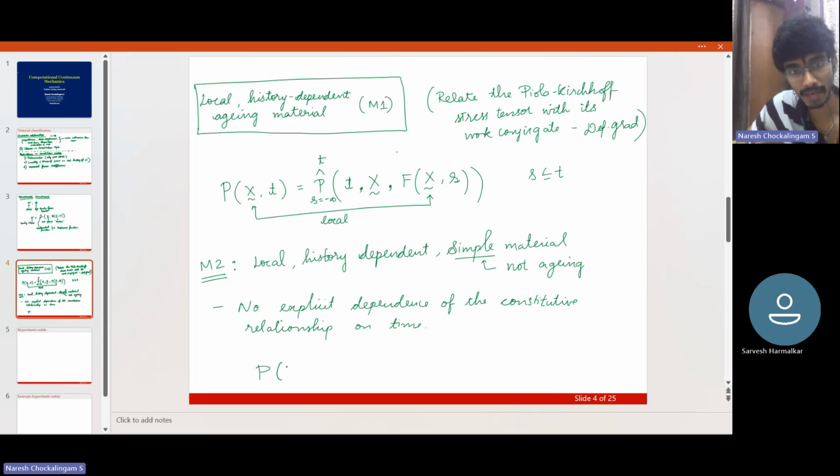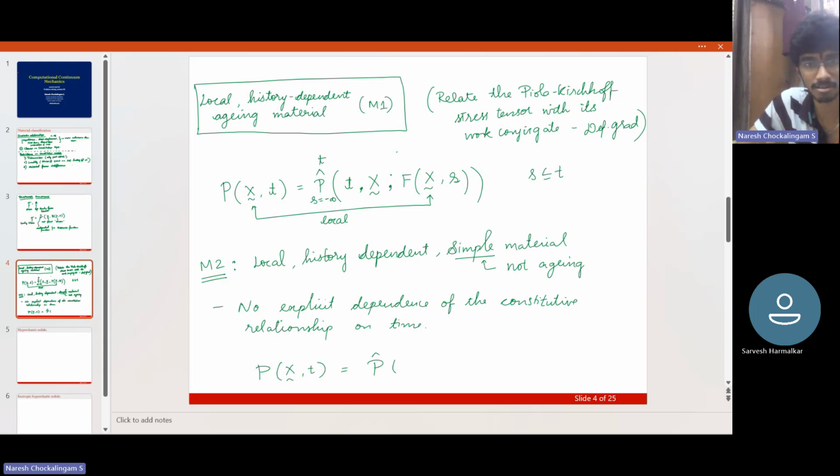So it's like P at any instant at any given material point X is given as P cap of. There's no dependence on t. Therefore, if you do an experiment with a certain deformation history, either now or later, if the deformation history and the material point are fixed, no matter at which point we are carrying out the experiment, it will give the same stress response.